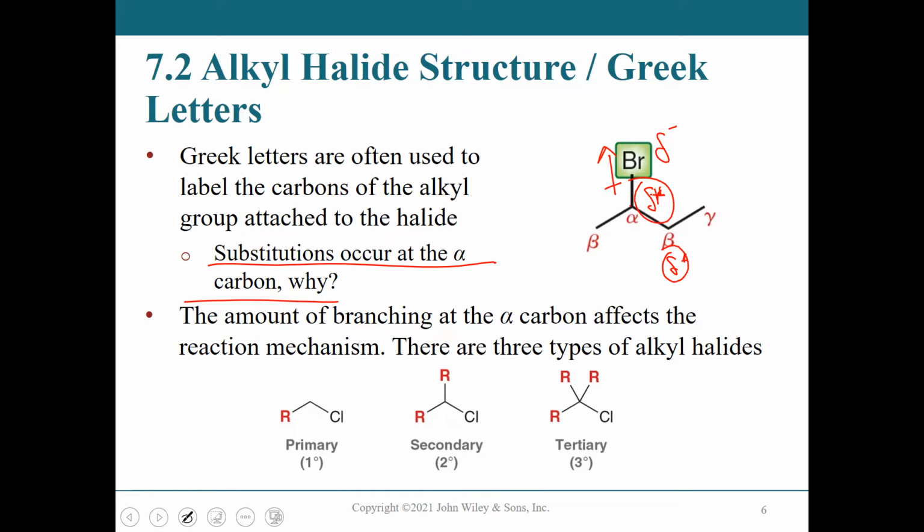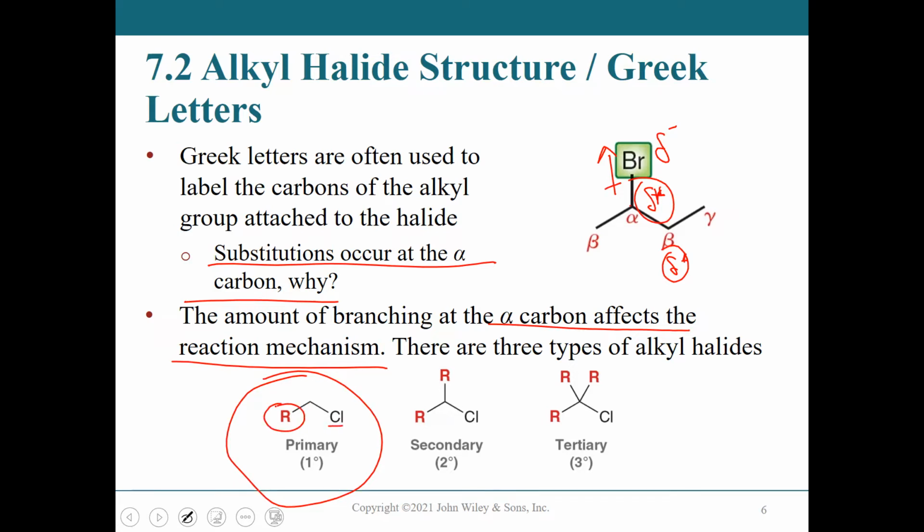Now, the branching of the alpha carbon also affects the reaction mechanism for substitution and elimination. We can distinguish them the same way as we did for carbocations: primary carbocation, secondary carbocation, tertiary carbocation. The same thing applies to alkyl halides and also to alcohols. This alkyl halide is called a primary alkyl halide. Why? Because the carbon that holds the halogen has only one branch.